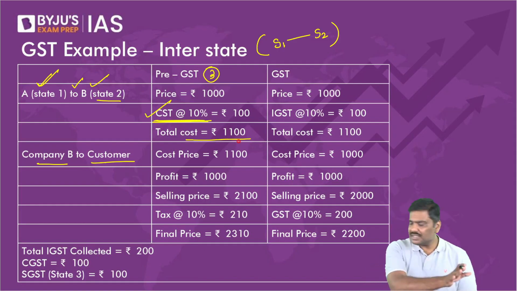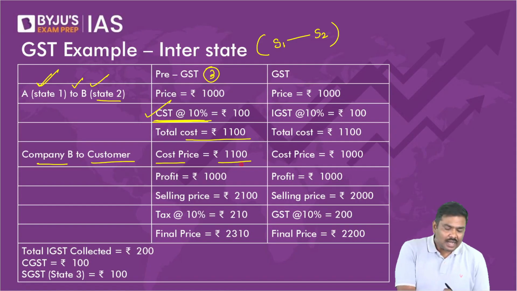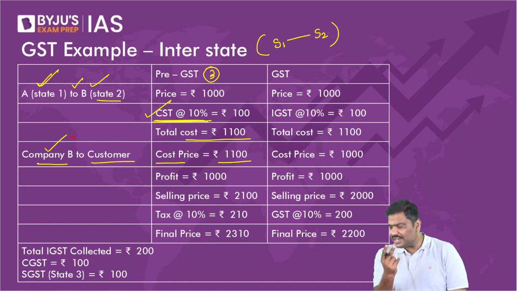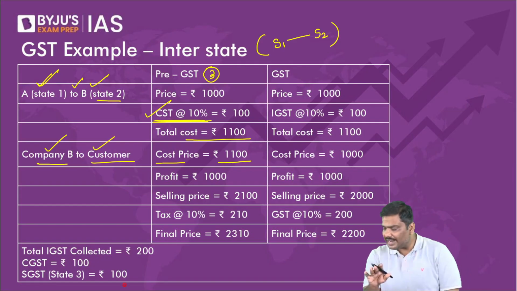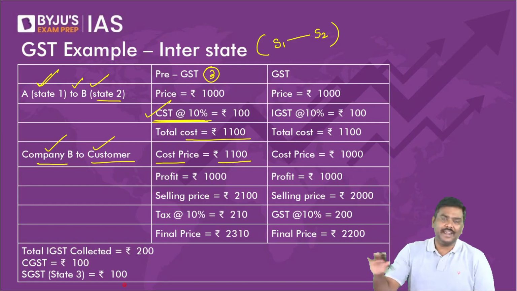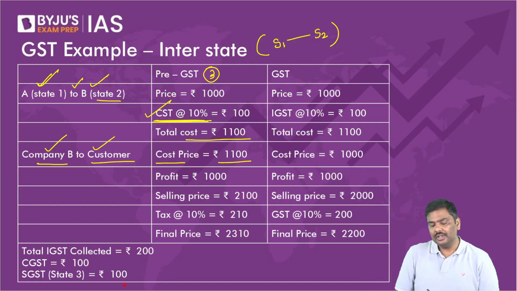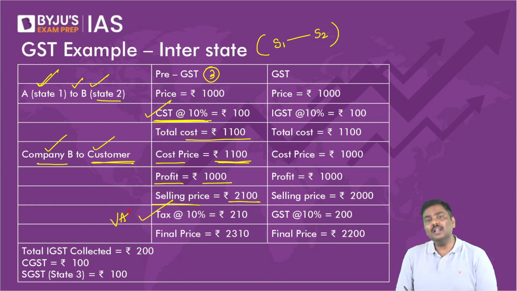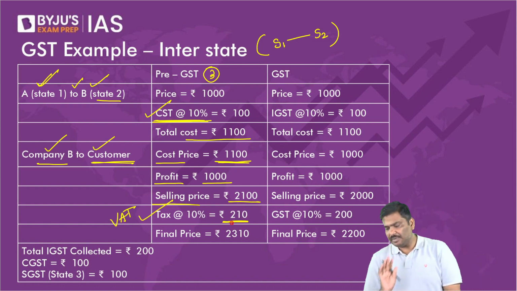I hope you remember yesterday's example. When company B pays VAT to the second state government, it will not get any input tax credit. As a result, the cost price will remain 1100. Profit is 1000 rupees. Selling price will become 2100. VAT at 10% will be 210. The final price will be 2310 rupees.